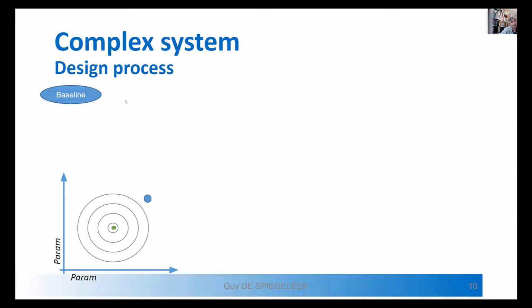And this baseline is provided to the different specialists. So I give it to them, and each one is asked to evaluate the performance and the characteristics of this baseline and provide some recommendation to improve it.